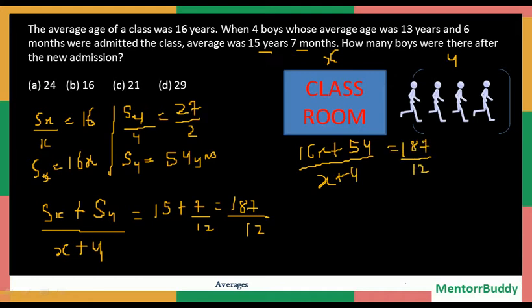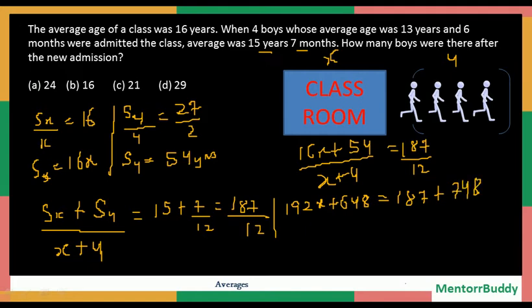Now solving this equation further, this can be written as 192X plus 648, that is 54 into 12, is equal to 187X plus 187 into 4, which is 748.